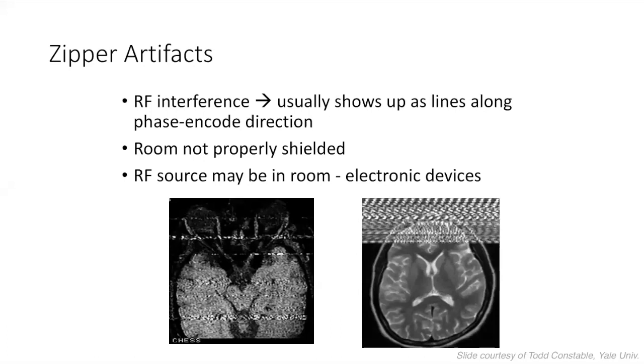So electronic devices, like pulse oximeters, things like that can unfortunately create some RF interference. And I imagine in those situations, it might be a little more difficult to get rid of. So you might have to live with that. But truth be told, I haven't really experienced this artifact, or very rarely. But it's just something to be aware of, how RF interference can affect your resulting image.